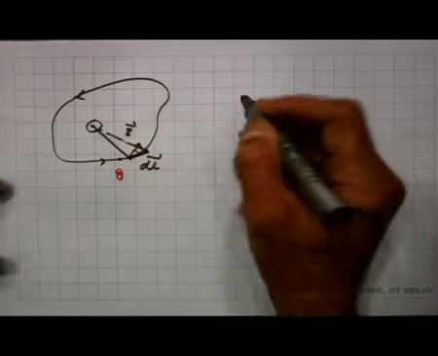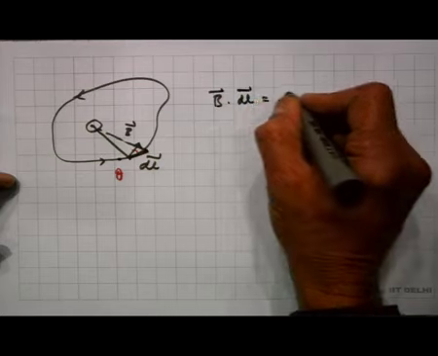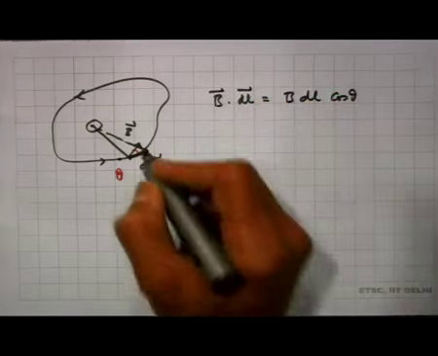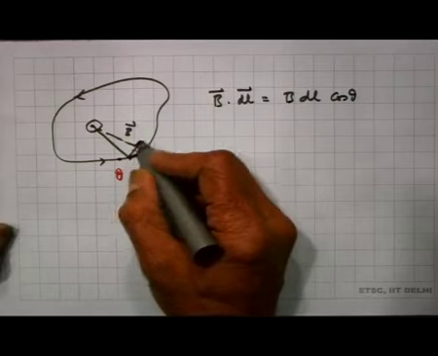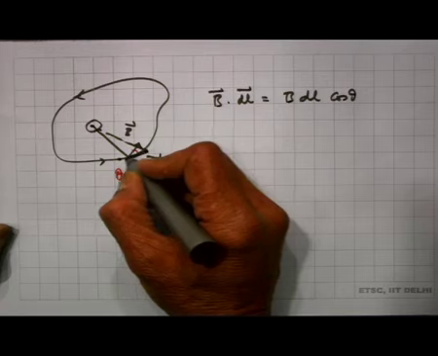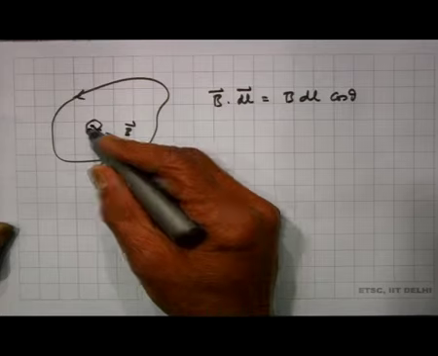So, what is B dot dl? B dot dl is equal to B dl cos theta. Theta is the angle subtended between B vector and dl vector. So, dl vector is along the path which is not necessarily circular with the wire at the center.